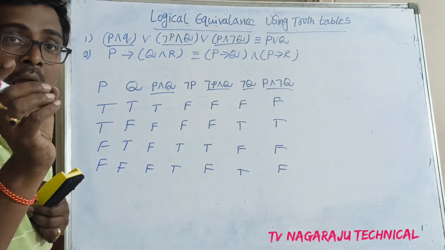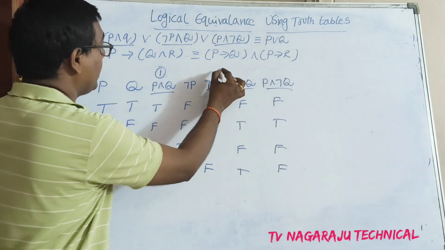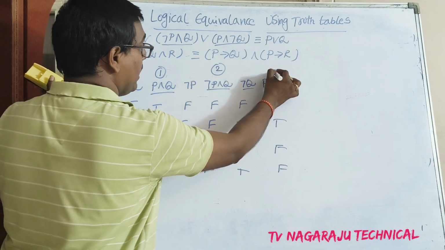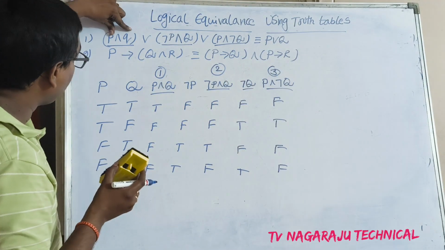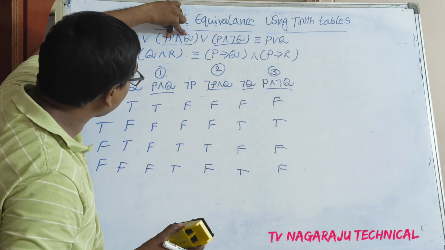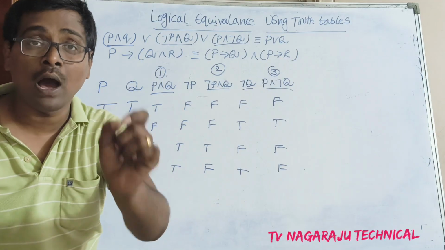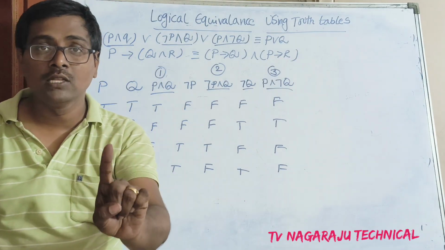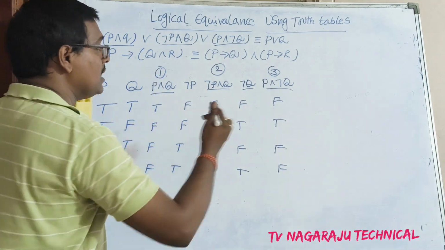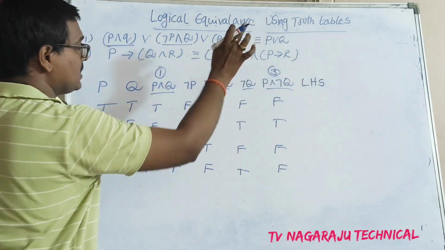Now I am doing the OR operation between these three. The first one, the second one, and the third one: P and Q, OR negation P and Q, OR P and negation Q. OR means if any one is true, the result is true. Here I have written the statement LHS, that is this entire expression.